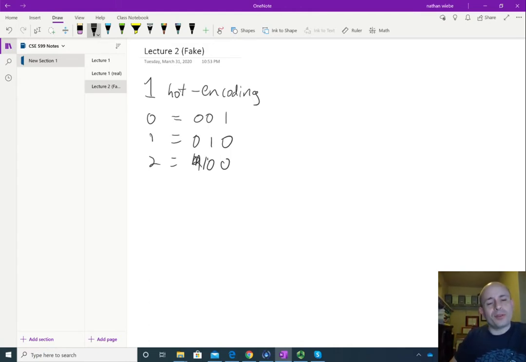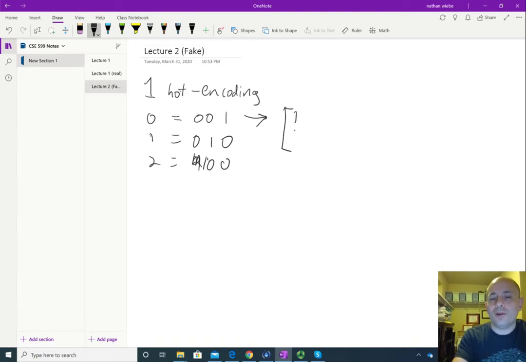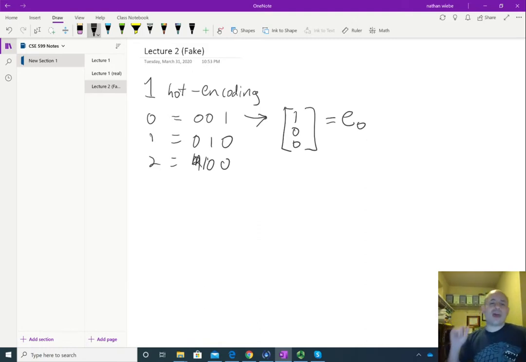We can also express this in linear algebraic language by noting that each of these represents a unit vector and an orthogonal unit vector. So we can translate that over to, for example, the vector 1, 0, 0, which I'll call E0. Now, I didn't introduce this language last time because I thought that front-loading notation is a sure way to get everybody confused.